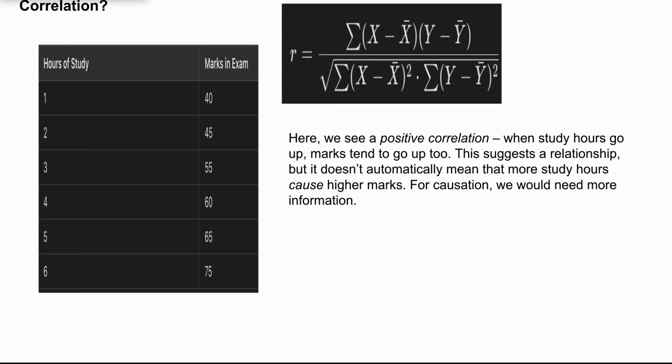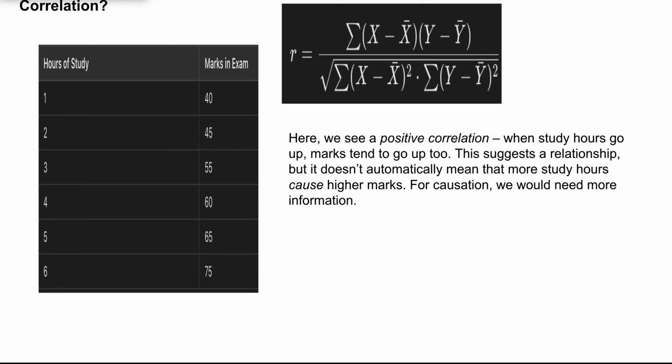We are trying to compute correlation between two different features here, hours of study and marks in exam. So x becomes your hours of study and marks in exam becomes y. The mean of x is nothing but the average of hours of study, and the mean of y is nothing but the average of marks in exam. Using these two as the inputs, you can derive the correlation of these two features.